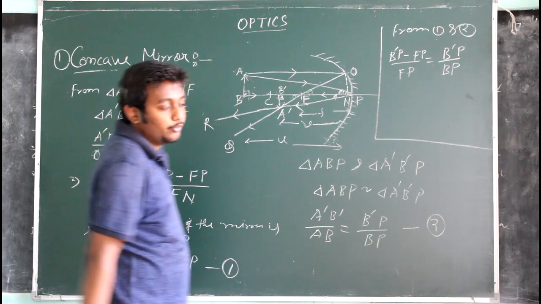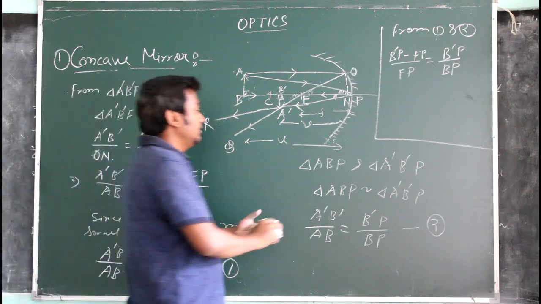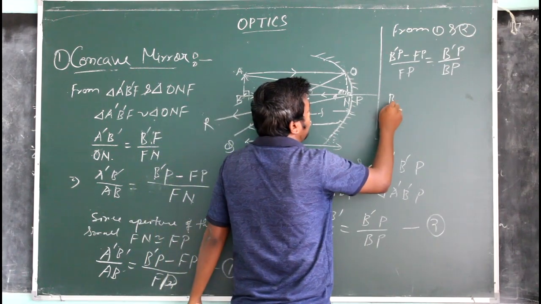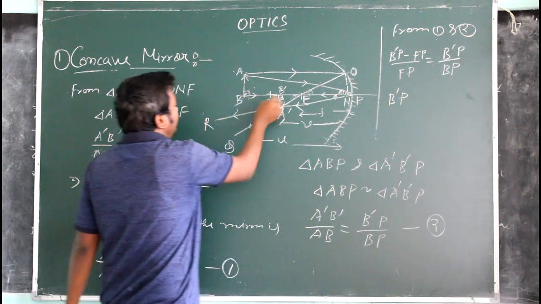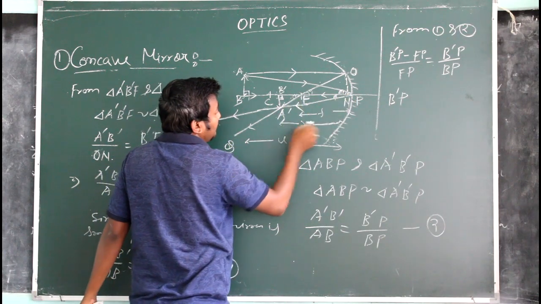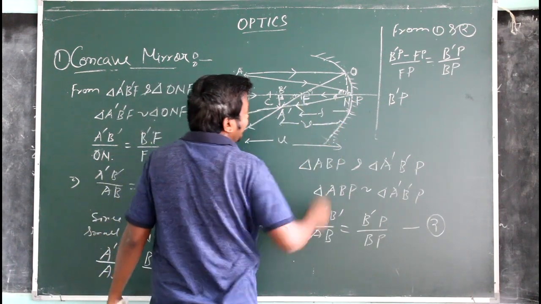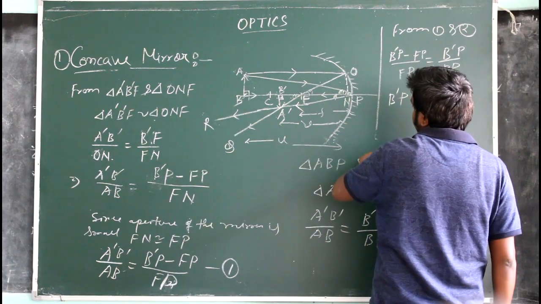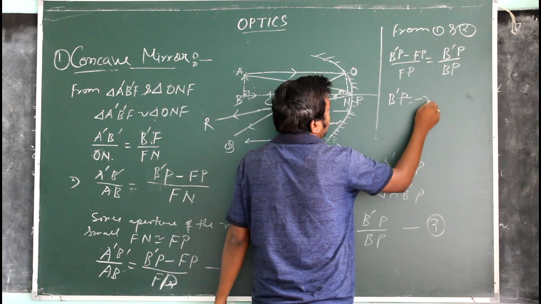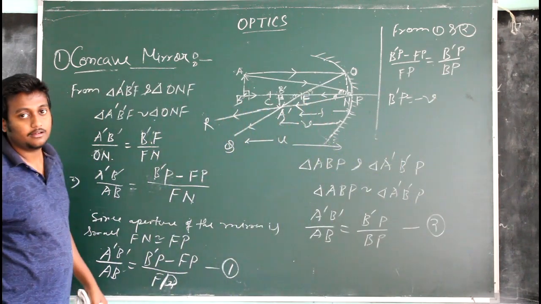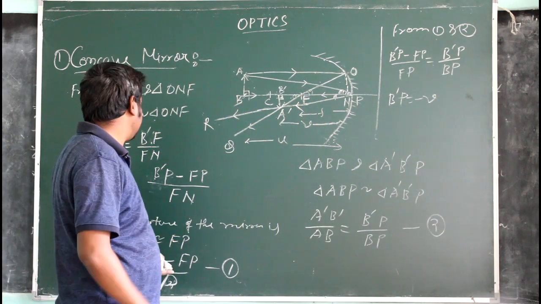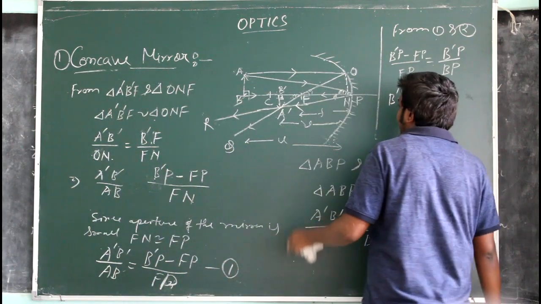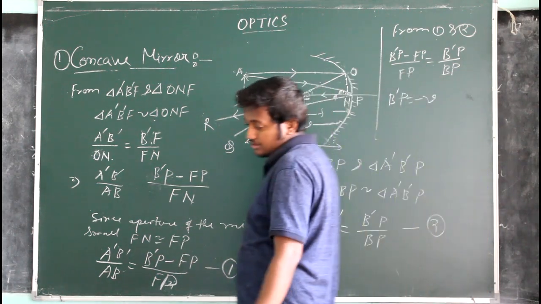Now we use the sign convention. What is B'P? That is the image distance V, and we measure the distance in the opposite direction of the incident ray, so this will be minus V. I have already discussed that distances taken in the opposite direction of the incident ray are always negative.